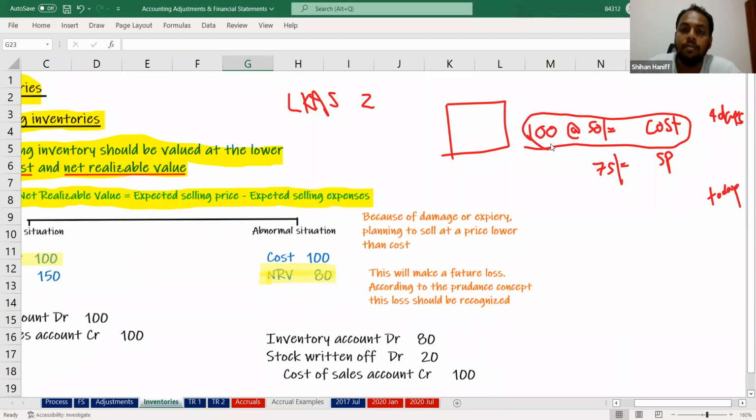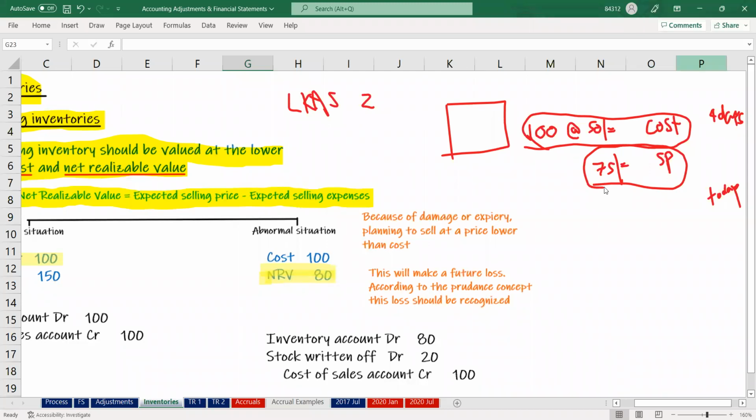You bought 100 milk packets and they are not sold, so you have all the 100 milk packets. Can you sell everything today, at once, at the market price? You can't. So what do you do?